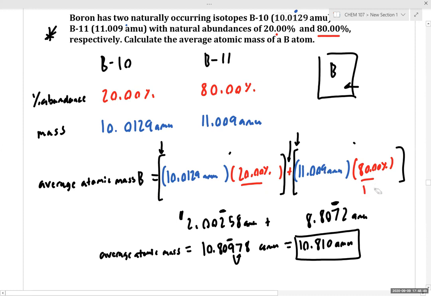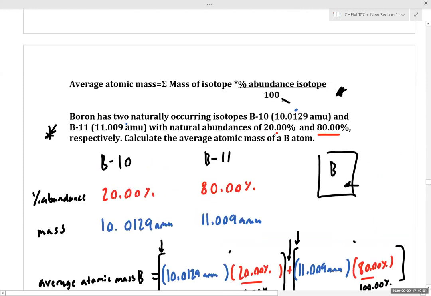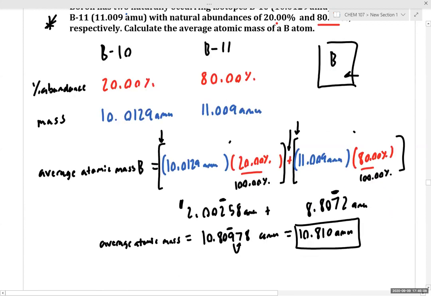If it makes it easier to visualize, you can write it as 100.00%. Essentially, the 100% that's shown in this equation is considered an exact number. It's never going to constrain the sig figs you can report. Okay, got it. Thank you.